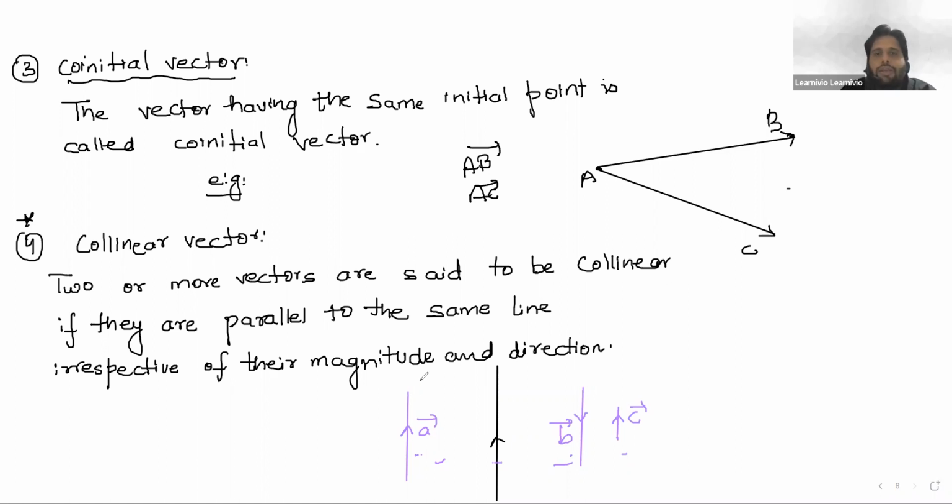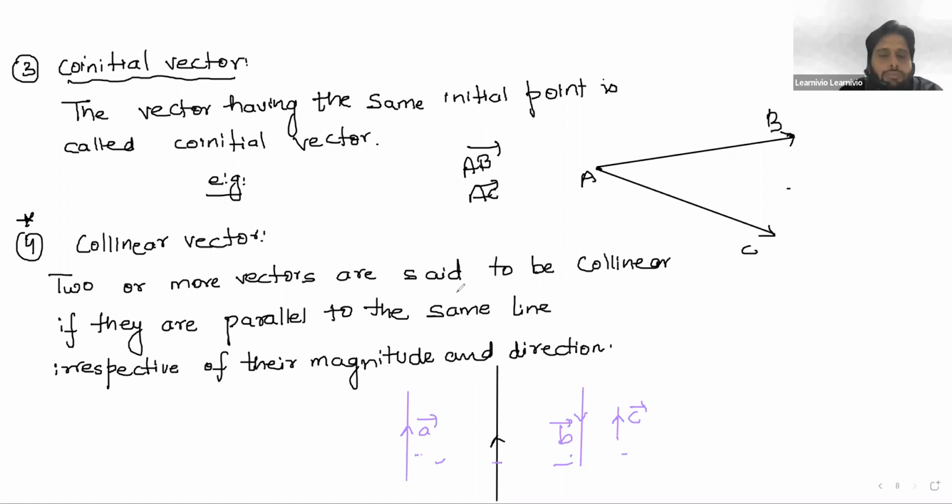So the vectors can have different directions, meaning parallel or anti-parallel, and different magnitudes. But if they are parallel to the same line, we will say that the vectors are collinear.